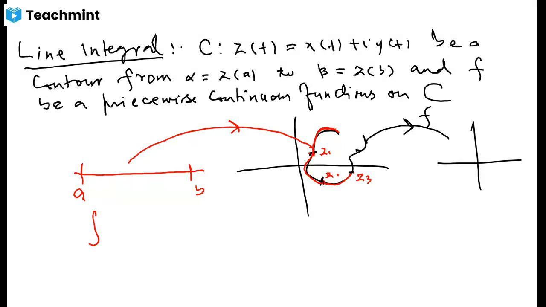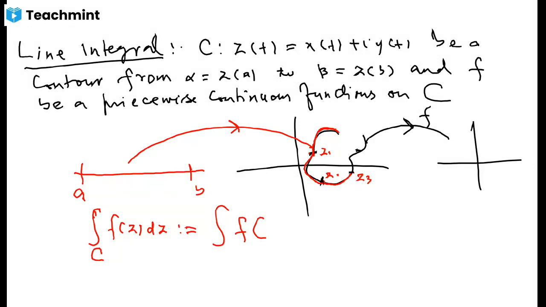We define the line integral over this contour C, with notation the integral of f of z dz, and the definition is the integral of f of z, where every point on C is a parameterized point.